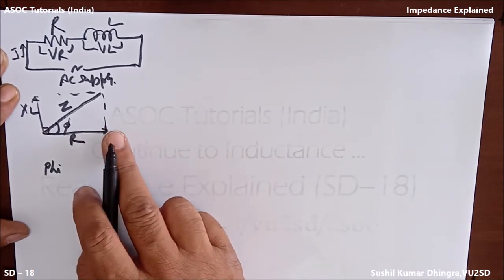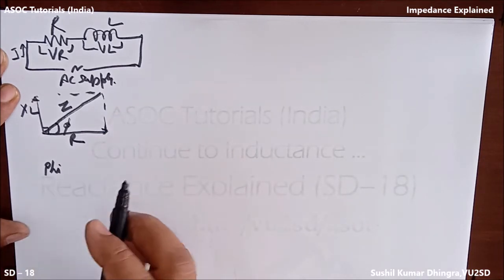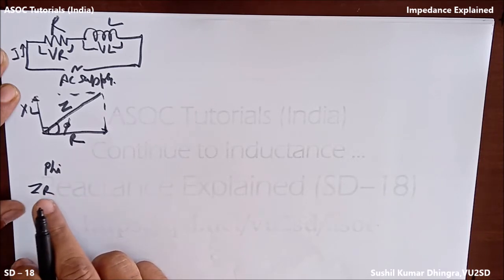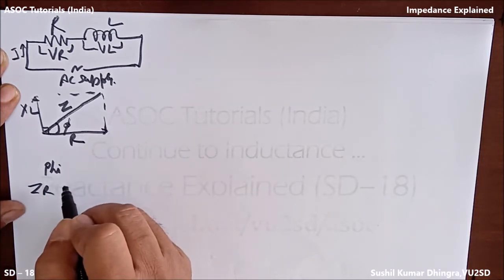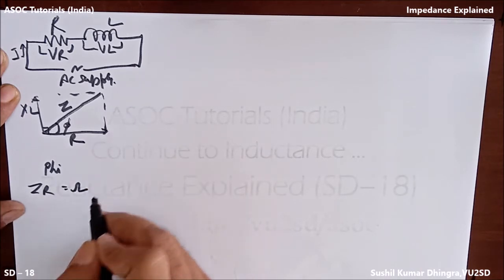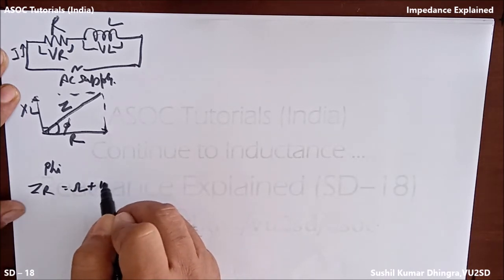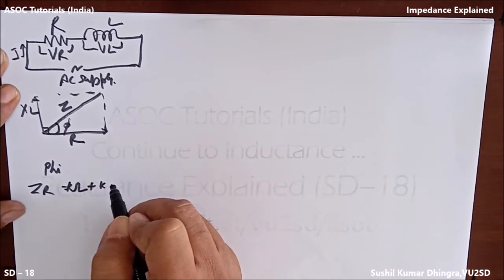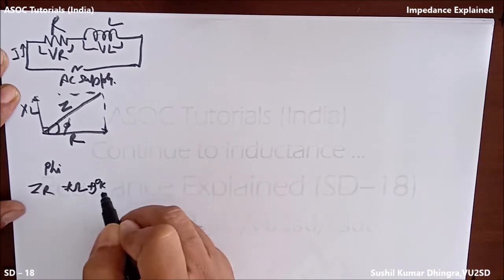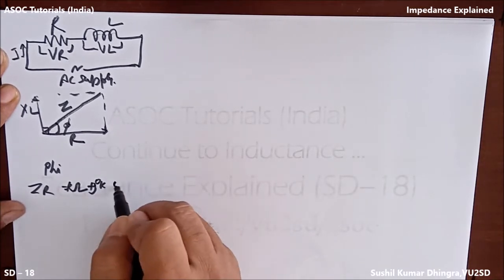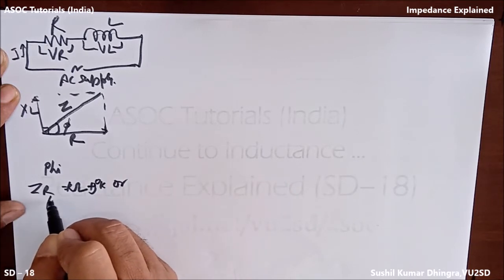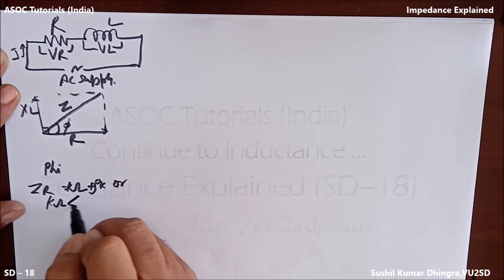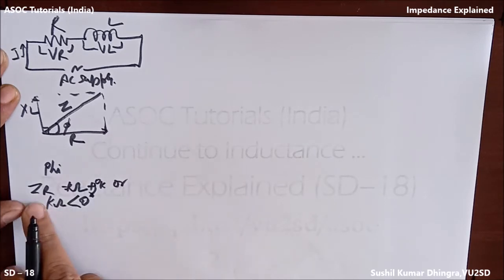At the same time, one more thing you have to understand: this ZR, the impedance of the resistance, is some ohm value plus j0, where j is a factor, or simply some constant value in ohms, and the 0 is because it is 0 degrees for resistance.